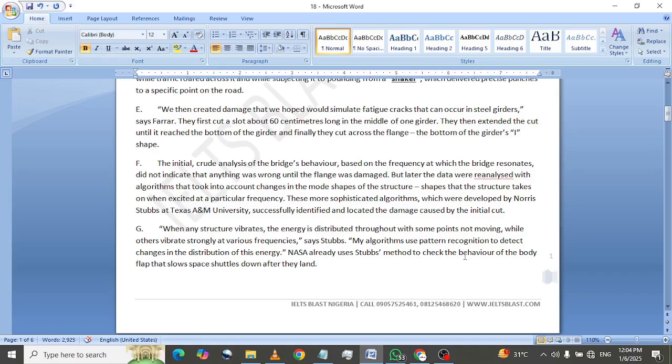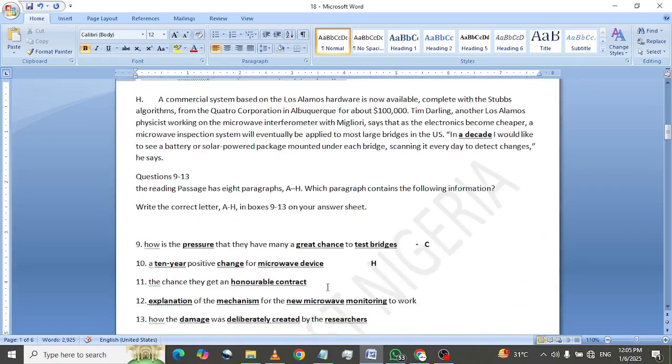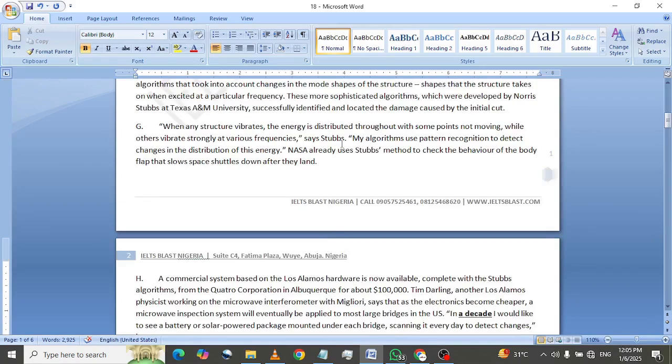So that means that, you see now, they said NASA use snub method. So if they said they use snub method, it means that they accepted the contract and they now accepted the scientist's view, because they use his method.